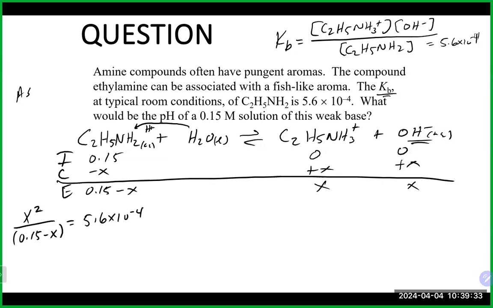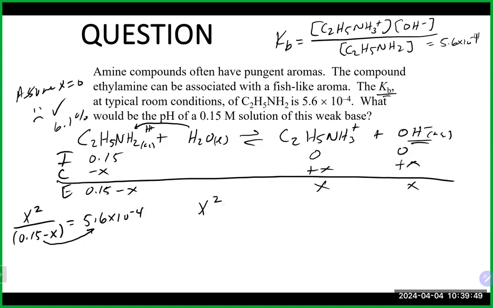We could assume x is approximately 0, and of course you checked it and found out not so great at 6.1% in this case, so we do need to solve it another way. So we're going to do our quadratic one more time for good measure to warm you up for later.